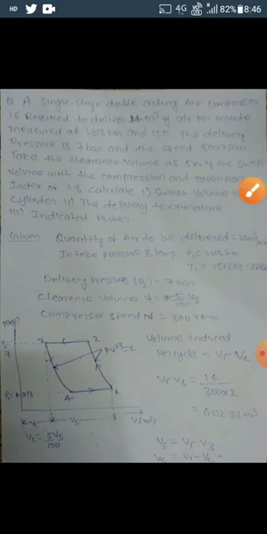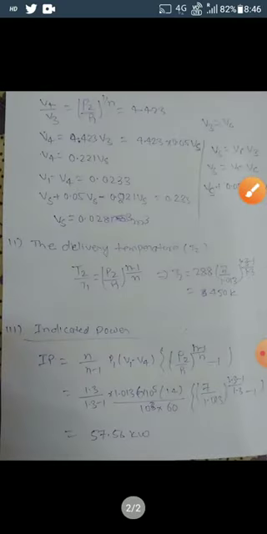Also the swept volume is given. This one is the swept volume, V1 minus V3, and V3 is nothing but the clearance volume. Now 4 to 3 is a polytropic expansion process.